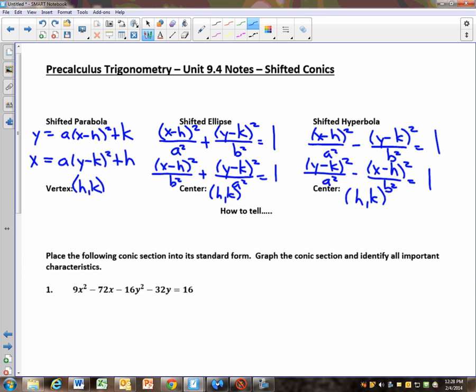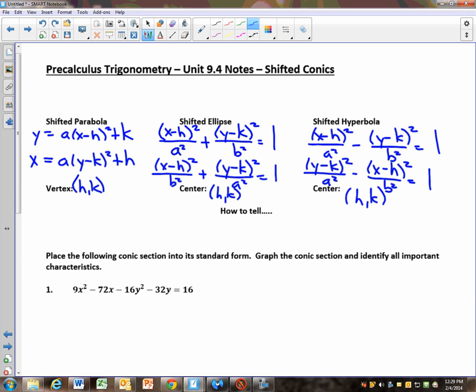Now that's nothing new. We've written those down before. We're just doing it again so we can be familiar with all the formulas because we're going to use them today in our notes. What is new is this: how to tell the difference between each one. So you tell me, what makes the parabola equation unique compared to the others?